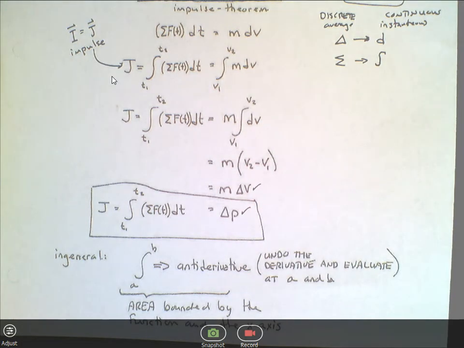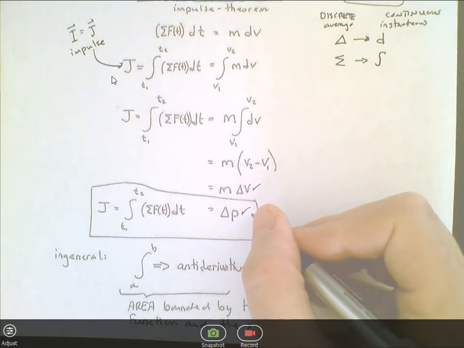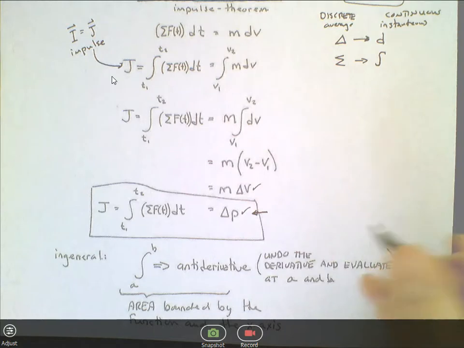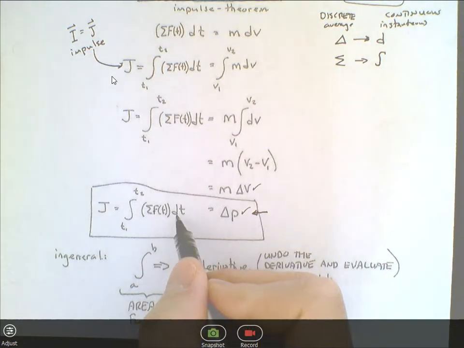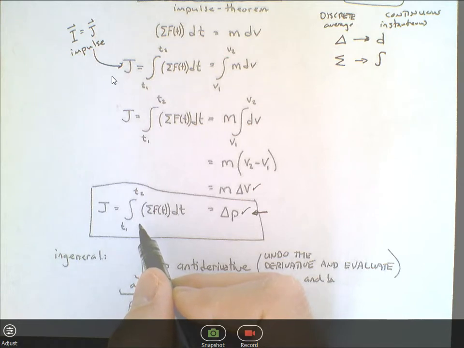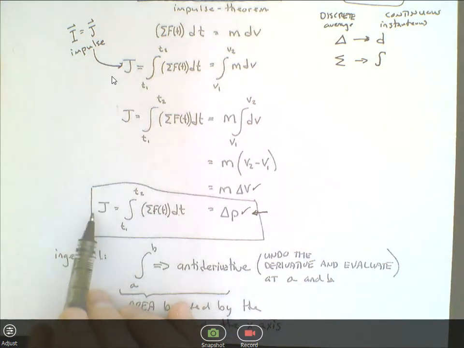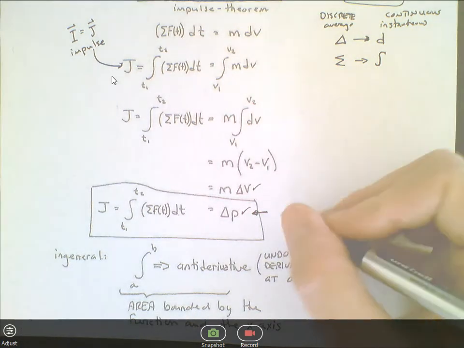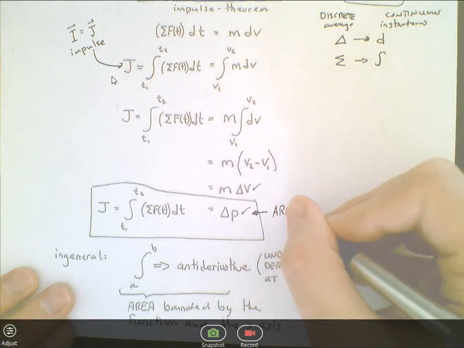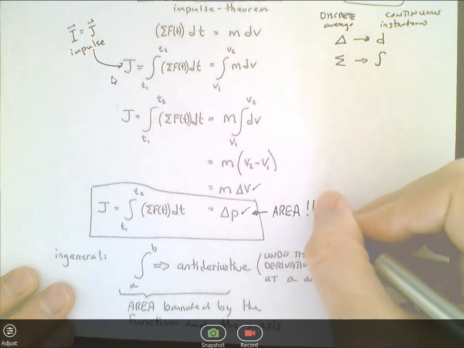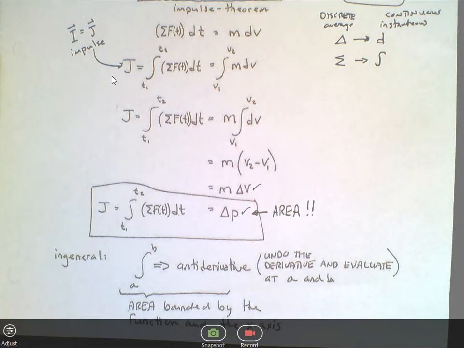Well, think about this. What did we just learn the other day? We learned that if we have a force-time graph, force, time, and we have a graph of it, a function, what did the change in momentum or the impulse represent on that graph? It represented the area. Okay?